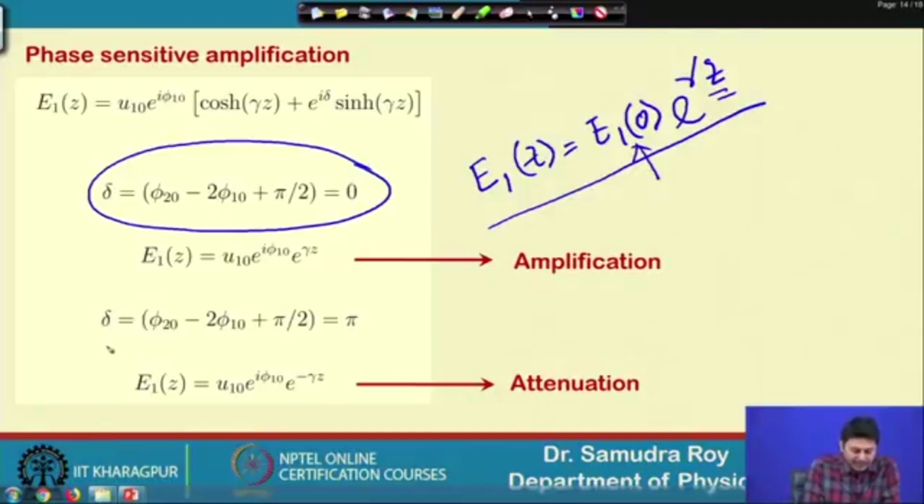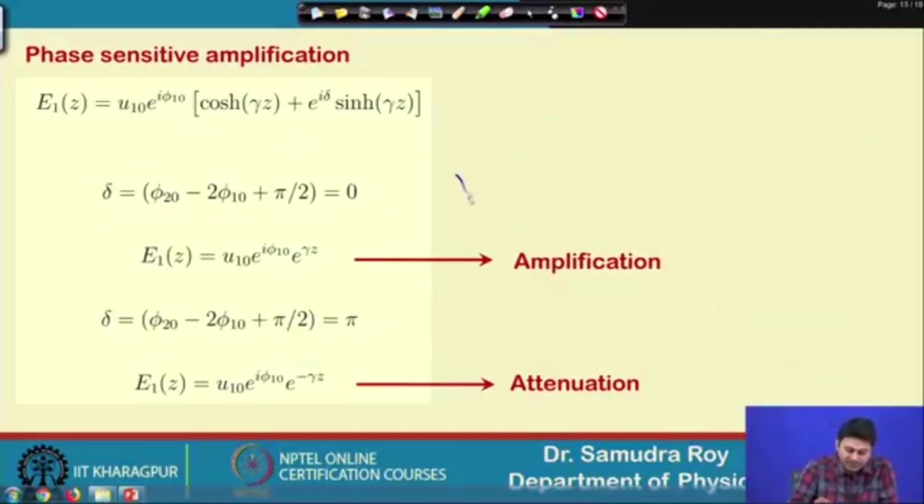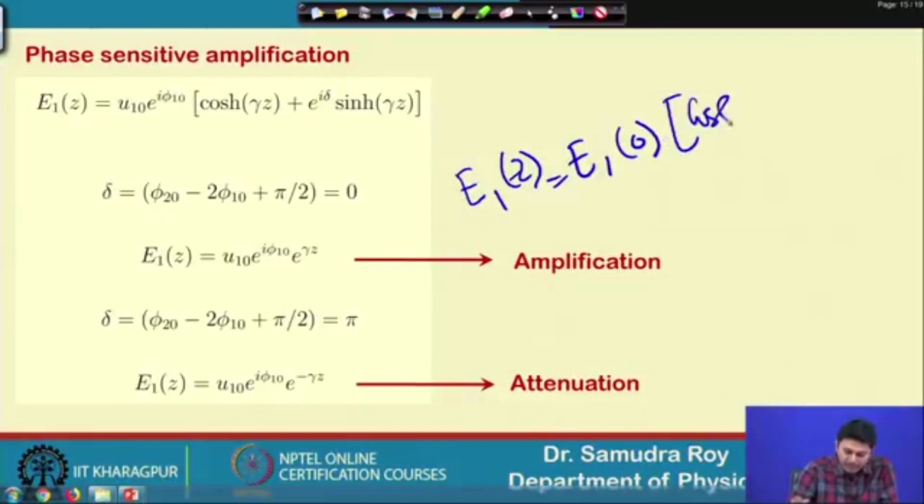On the other hand, if I put delta equal to pi, then e to the power I delta becomes e to the power I pi, so we will have a negative sign here. We get this kind of expression: E1 z is equal to E1 0 times cos hyperbolic of gamma z minus sin hyperbolic of gamma z.